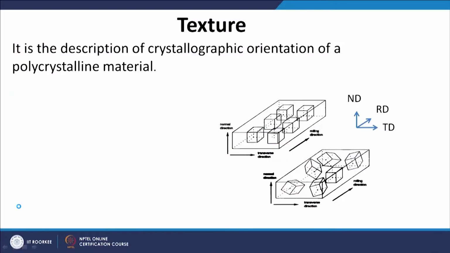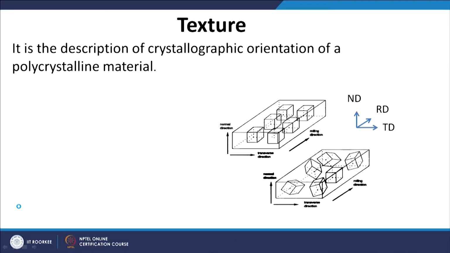Basically, a quick way to show you what we mean by texture: if you see an individual grain in a polycrystalline material, the identity of the grain is how the unit cell is oriented in it.